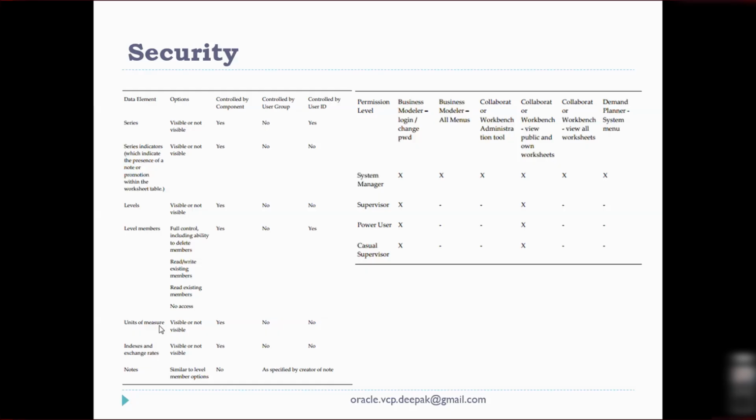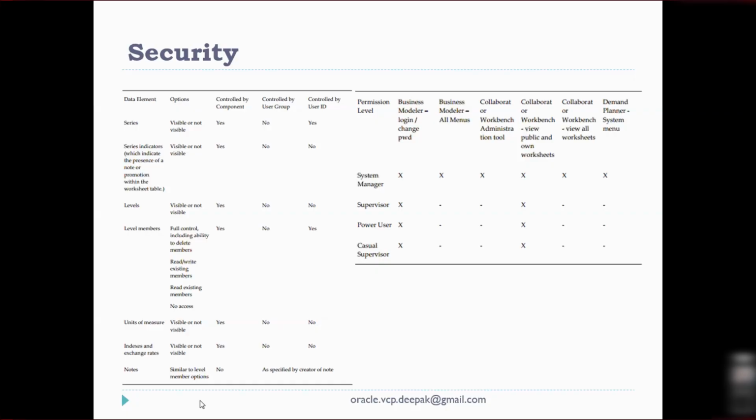No. If that user has that series access, then he can use this unit of measure. So it will be controlled at the component level. It cannot be controlled at the user ID level. The same applies to index and exchange rate. So USD is the index, and the pallet is a unit of measure.